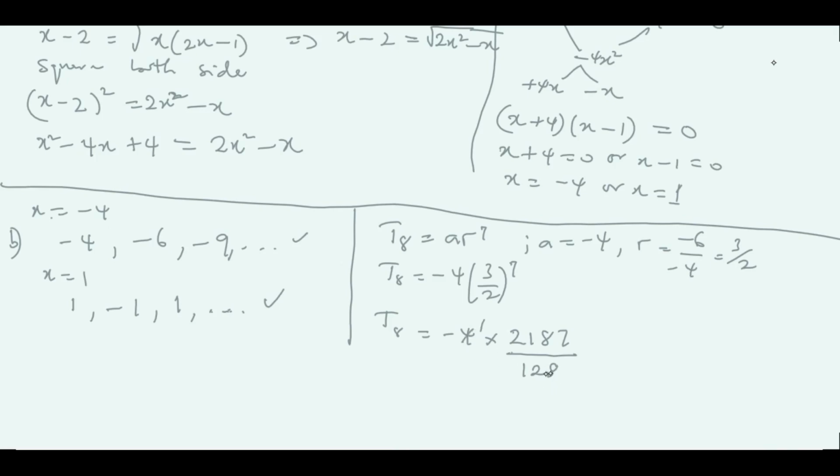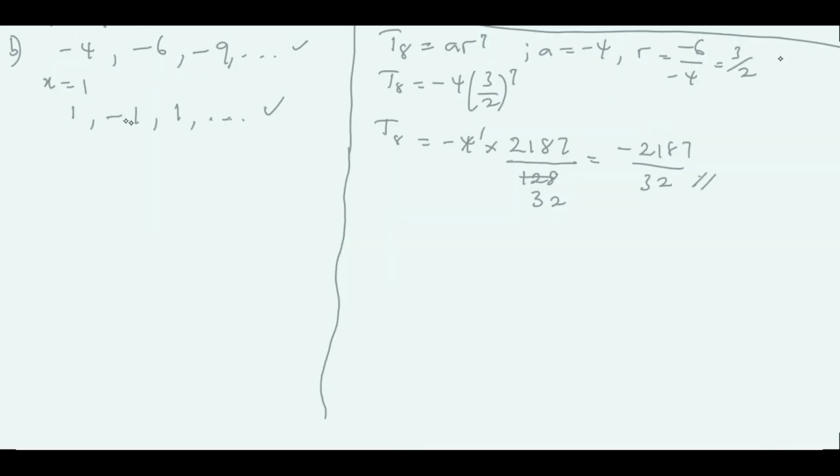You have 4 here, 1 here, 32. So we now have minus 2187 over 32. 2187 divided by 32. This is our eighth term.